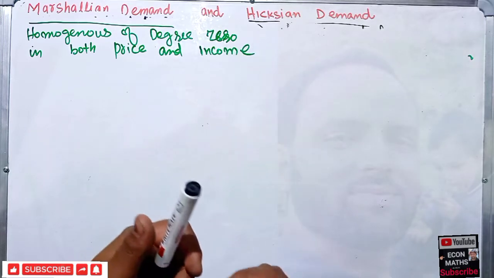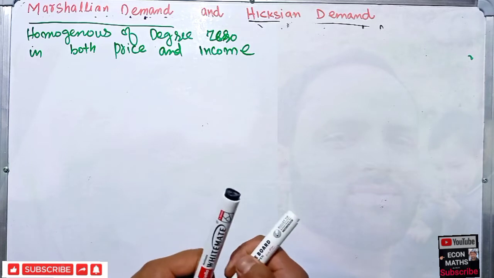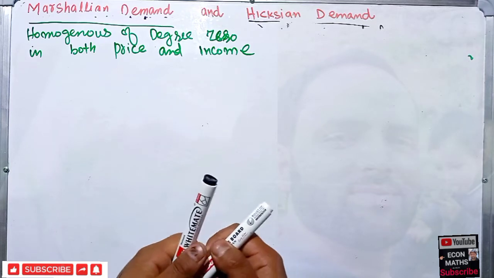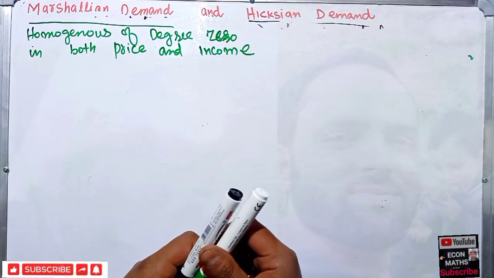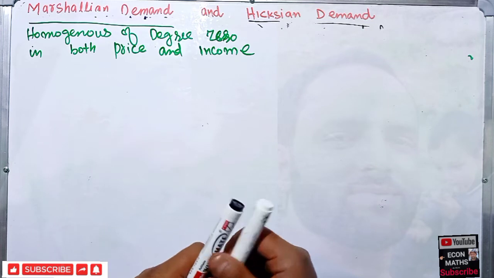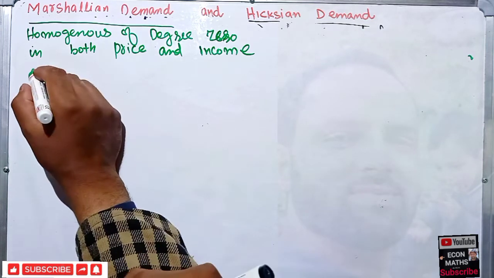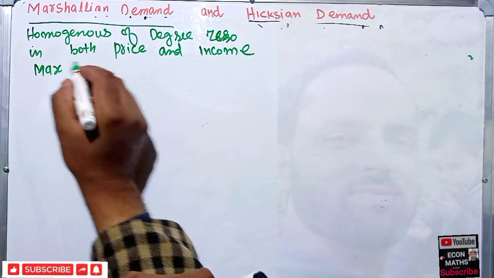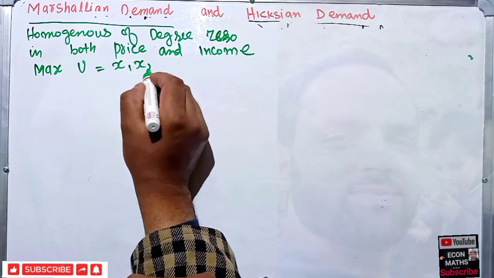What does this mean? For that, we will take the example of how to derive the Marshallian demand function. As I have told, the Marshallian demand function is actually the problem of maximization. That is, we want to maximize utility. Let us say x1 and x2 are the two goods.